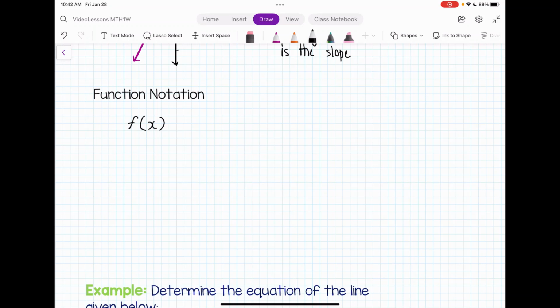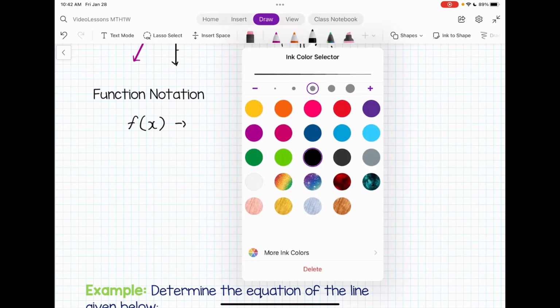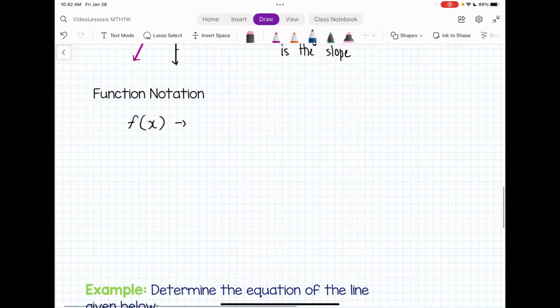But in any case, the way you read it is f of x. Okay, and that's important for you to understand what function notation looks like.